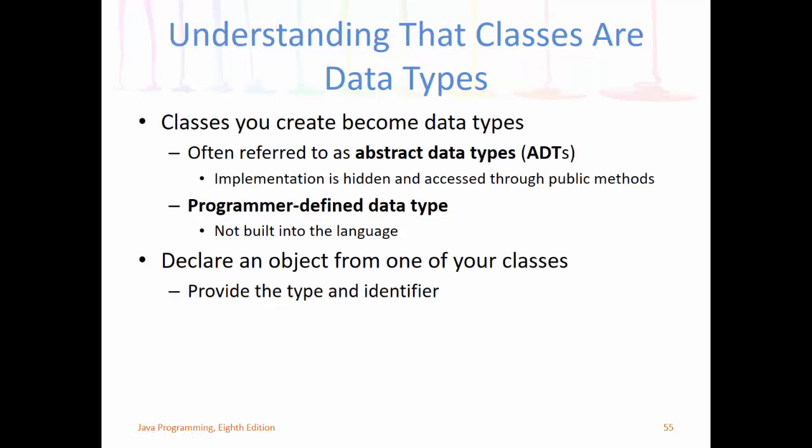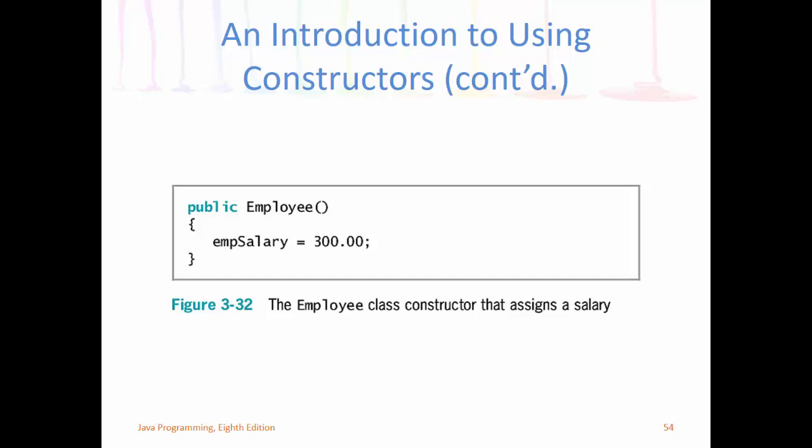All right, this is some more terminology. Here? Yes. Okay. So you have a class and it's got an employee salary. And that was the data field that we saw earlier, correct? Yes. Now we're initializing it.